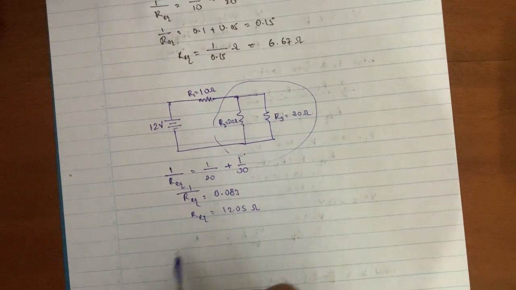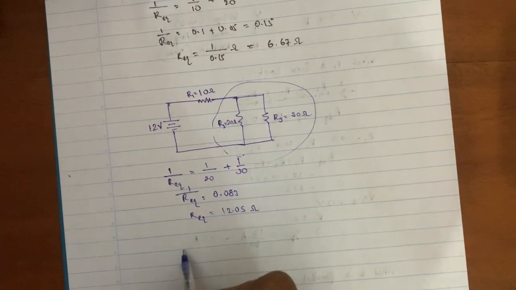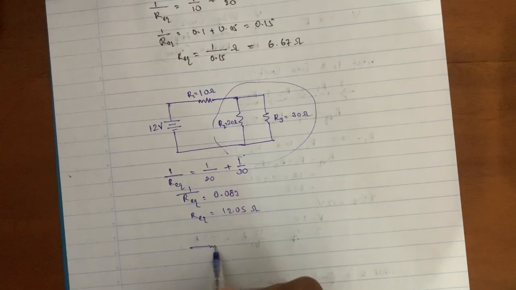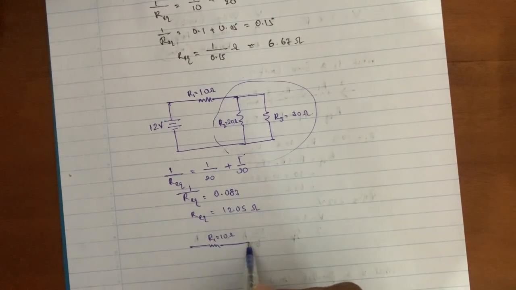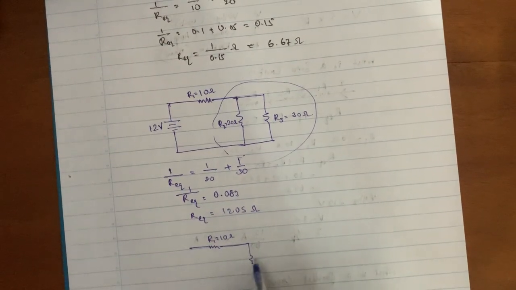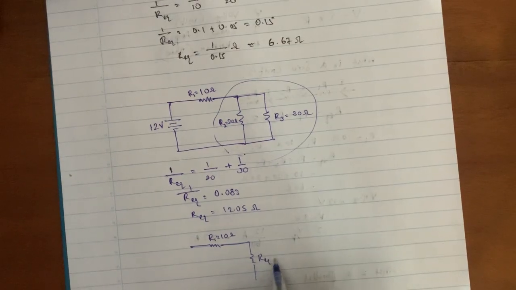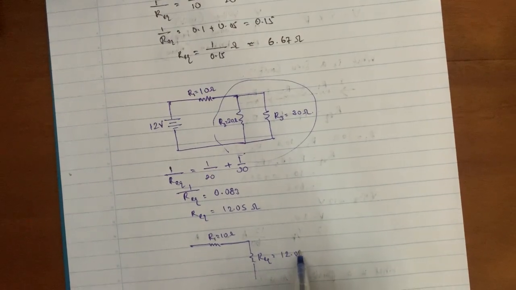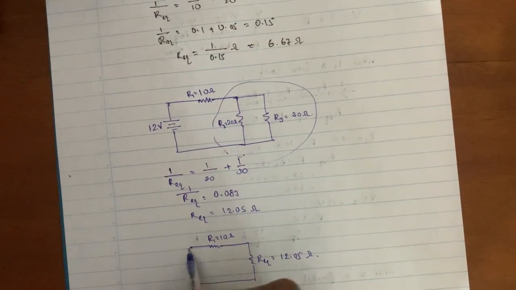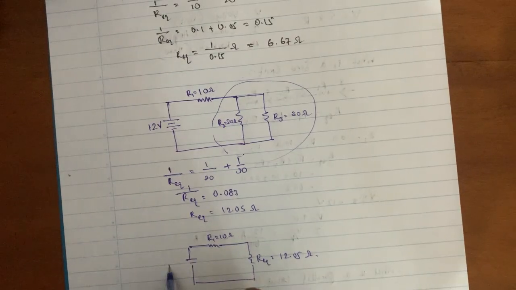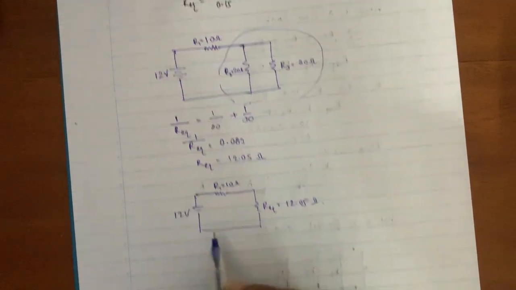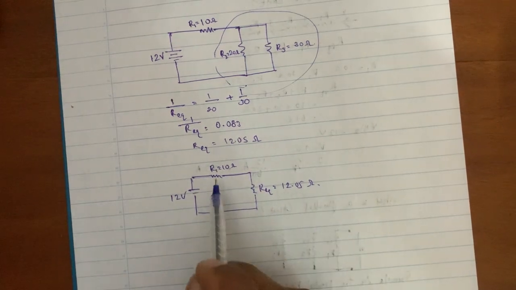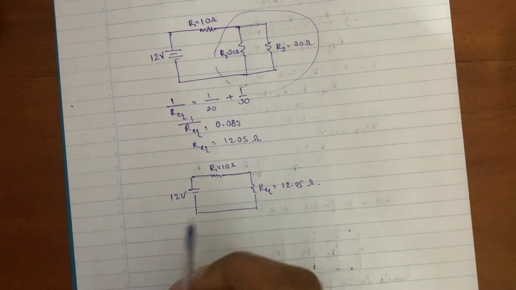Now let's draw again the circuit. You can see this R1 is equal 10 ohms, and now the R equivalent equal 12.05 ohms, and we have 12 volt supply. Now you can see this circuit is these two resistors connected in series.